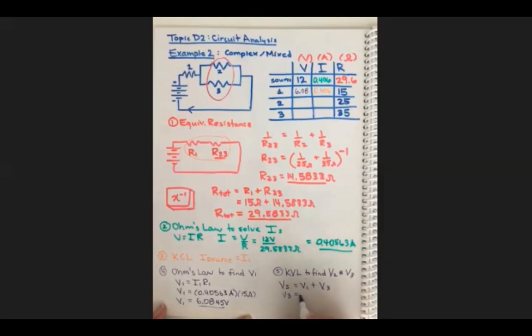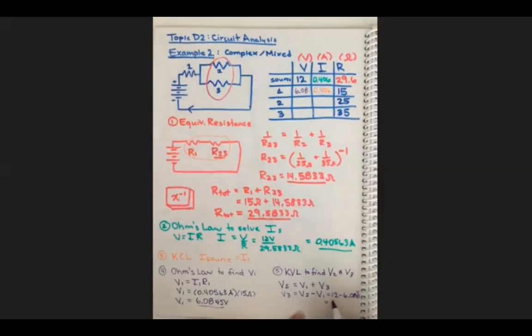V3 is equal to Vs minus V1, which is 12 minus 6.0845 volts. So what do we get for that subtraction? 5.915. I hope I'm not writing too small that you can still see it.